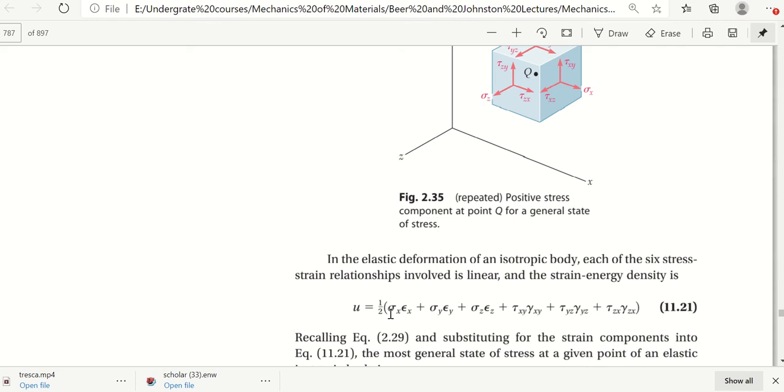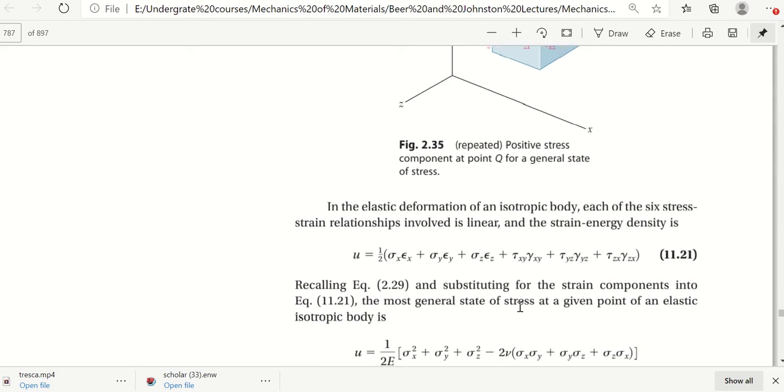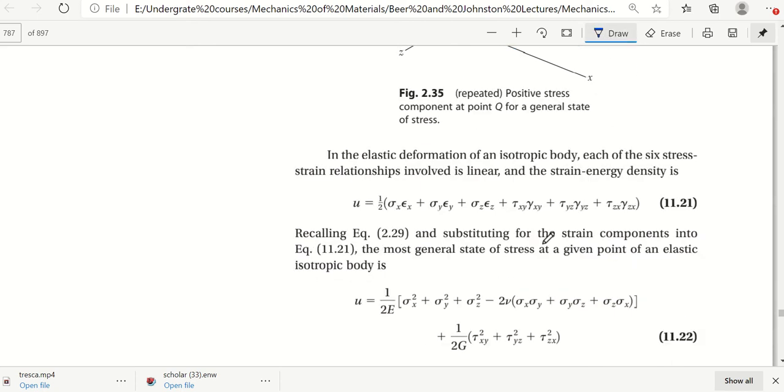So the strain energy density is equal to 1 over 2 sigma into E. So there are three directions, so X, Y, and Z. And this is the shear stress, shear strain. So the total strain energy is equal to 1 over 2, and these all expressions.